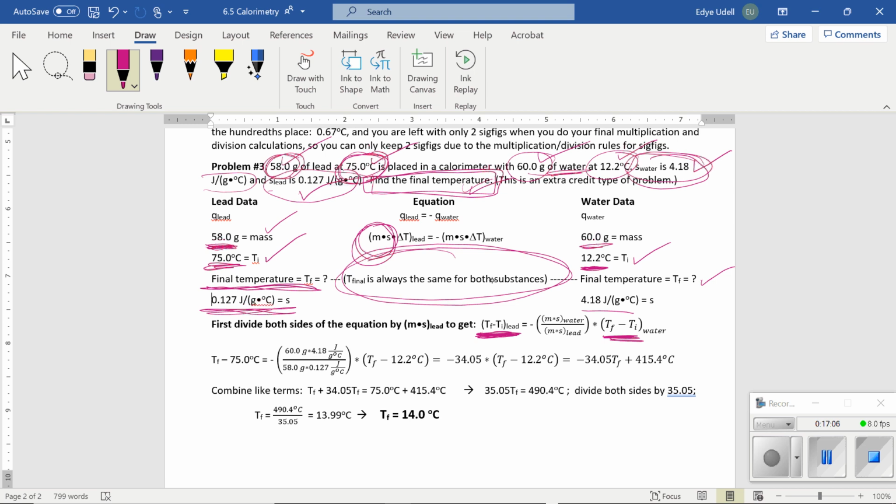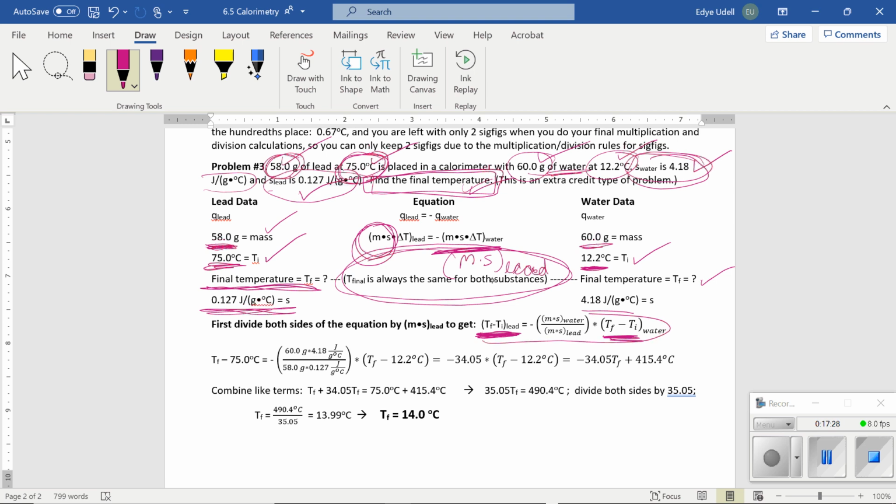I'm telling you, if you're solving for T final, it's always good to isolate the delta T by dividing both sides of the equation by m s of the lead, or whatever chemical you're transferring heat from or to.